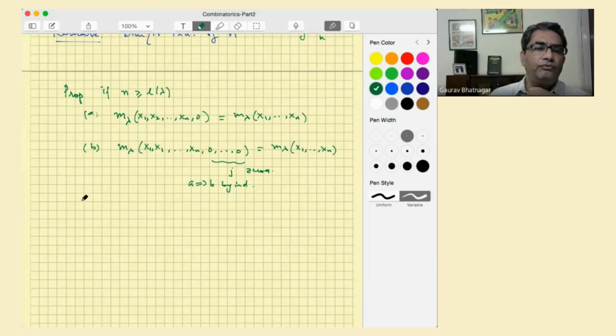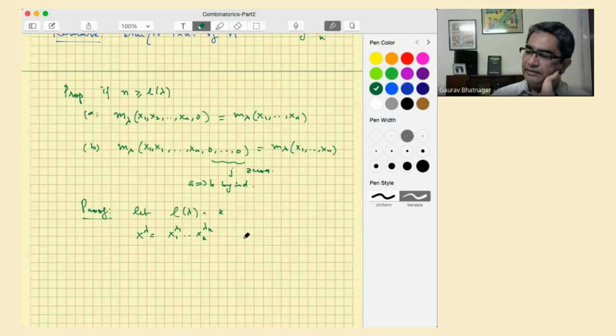So proof. Let the length of lambda be equal to k, and x^lambda equal to x_1^lambda_1 through x_k^lambda_k, right?